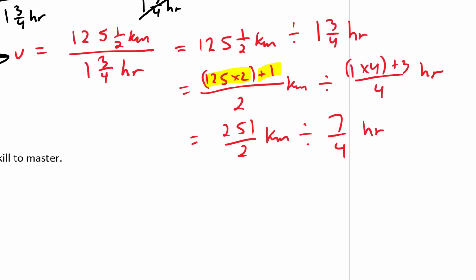What's next now? Let's copy this one down as is. We're going to take the value that comes after the division sign, take the reciprocal of the value, and change that to a multiplication sign. 4 over 7. What do I do with the hours now? Let's turn that into a fraction, hours over 1.